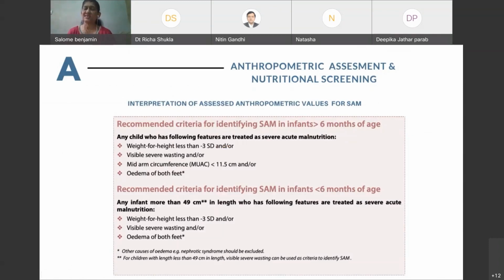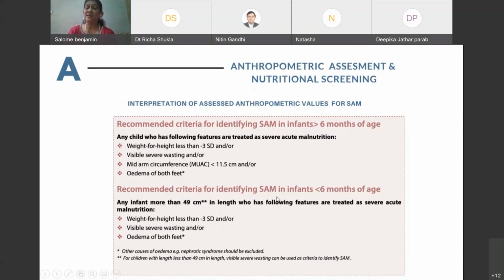Yes, MUAC is a perfect, independent detector of SAM or screening point, yet you will need different criteria for more than 6 months of age and less than 6 months of age to tally whether you are going wrong or whether you are correct. So weight for height less than -3 SD for more than 6 months, visible severe wasting, mid-arm circumference less than 11.5, edema of feet.